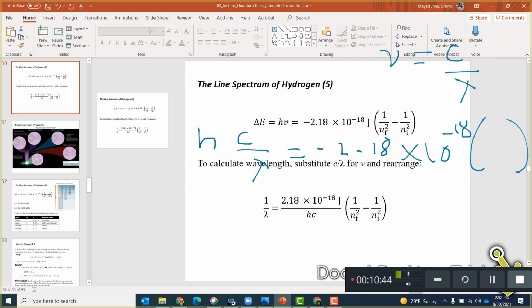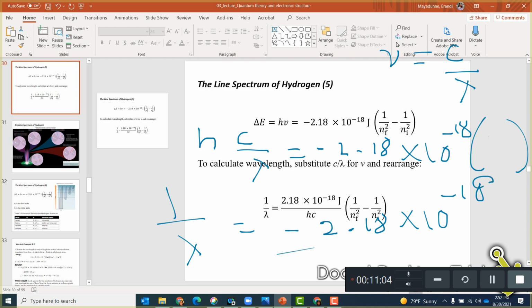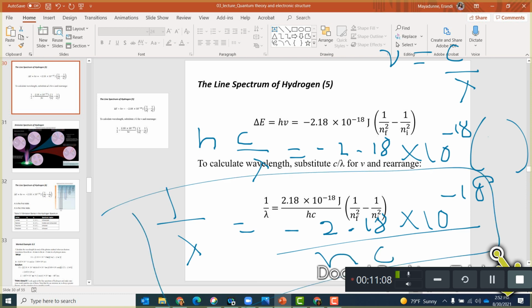So now you keep 1 over lambda here, equals negative 2.18 times 10 to the power negative 18 divided by hc. I think this negative sign is missing here. There should be a negative sign, okay? So this is the equation we're using for this particular calculation.